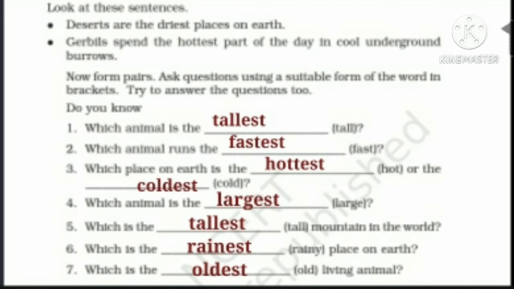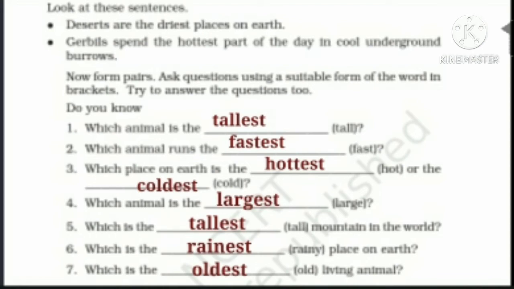Fourth, which animal is the largest? Fifth, which is the tallest mountain in the world? Sixth, which is the rainiest place on earth? Seventh, which is the oldest living animal?